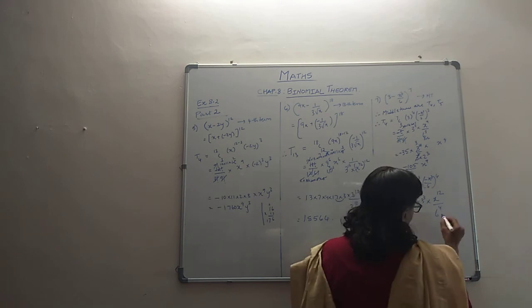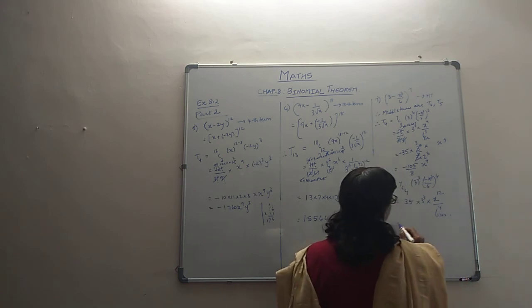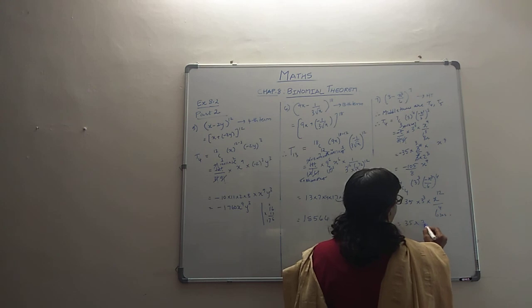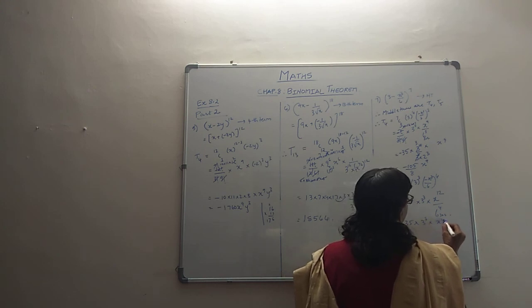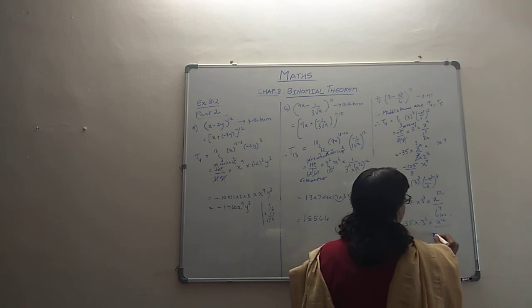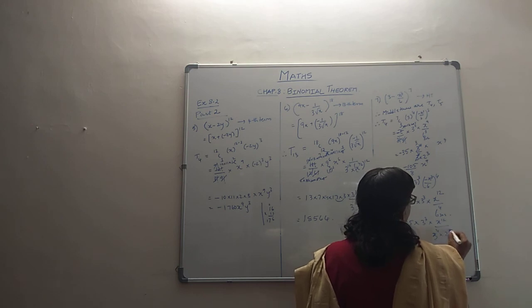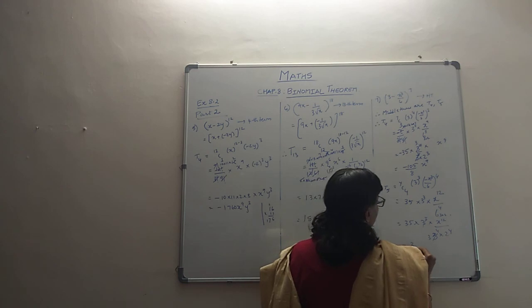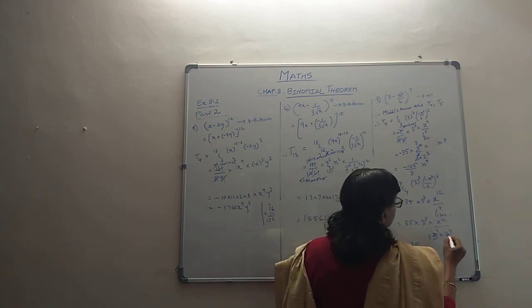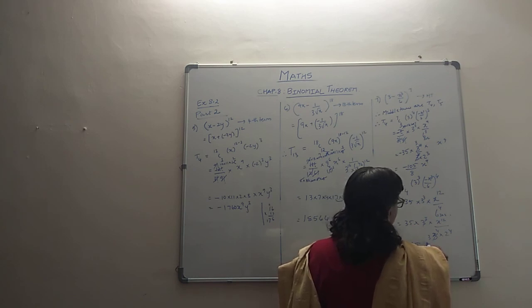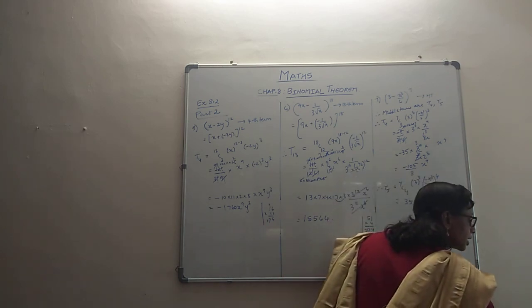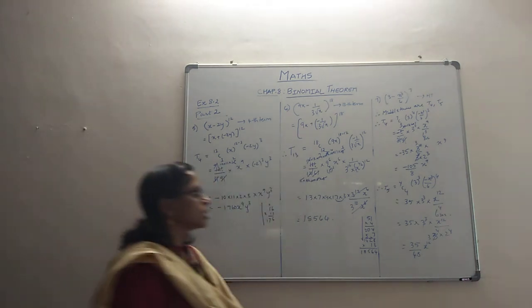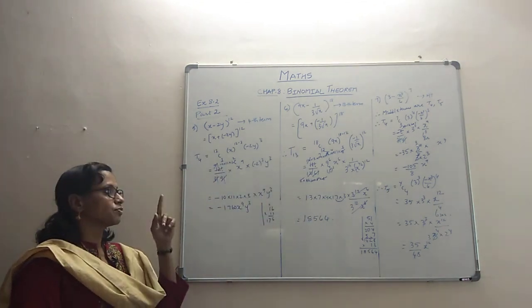But 6 is actually 3 into 2. So, maybe you could write it like this, 35 into 3 cube into x raised to 12 by 3 raised to 4 into 2 raised to 4. You can cut the 3 here. So, it is 35 by 16 into 3, 48, into x raised to 12. 35 by 48 into x raised to 12. So, those are your 2 middle terms for this expression.